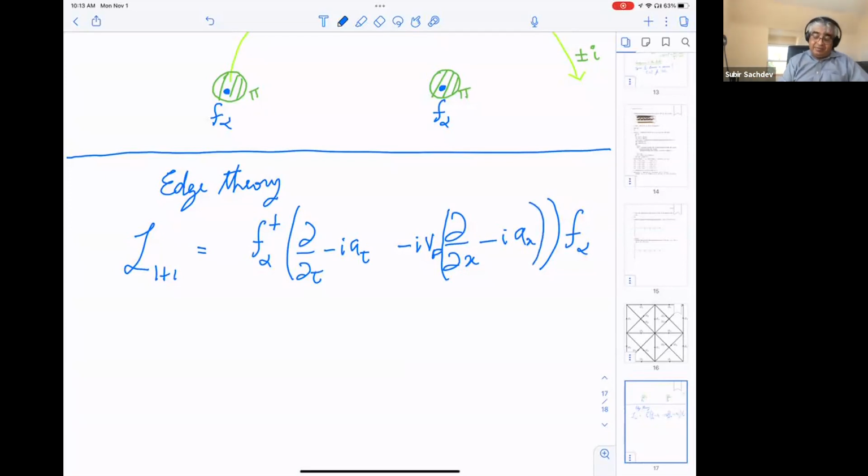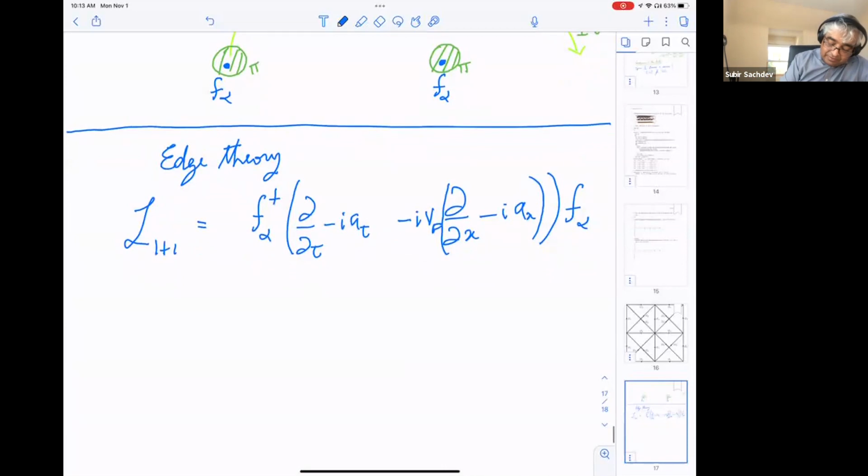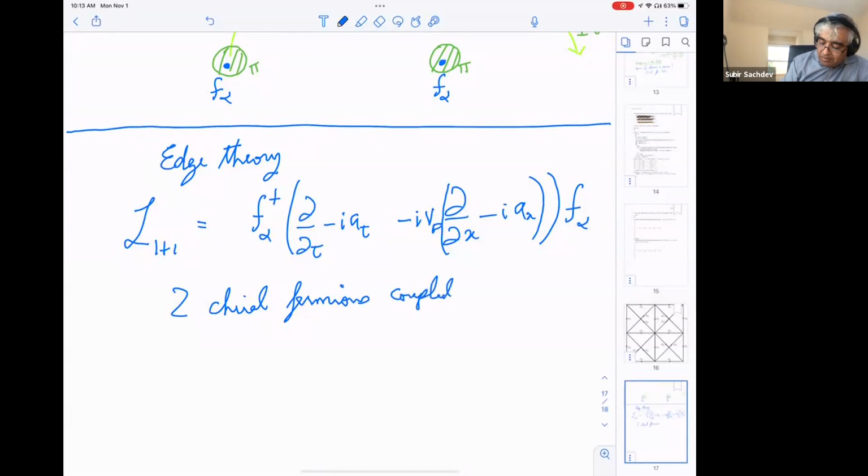So this is the theory we have on the edge. The edge theory is two chiral fermions coupled to a U(1) gauge field. So this theory is not free at all.